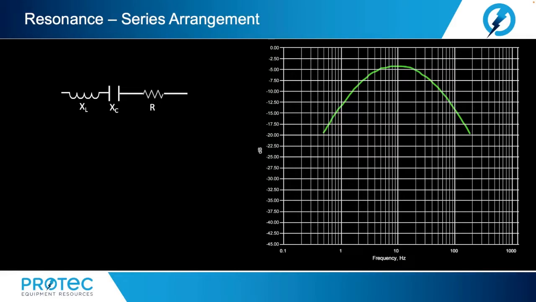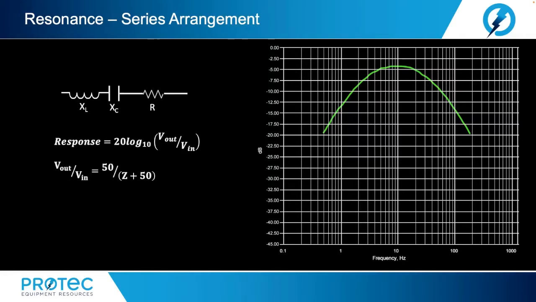Now, if we were to measure this circuit using an SFRA test set, we would plot the resonance in dB rather than in ohms. Using the equation, the response in dB equals 20 log 10 times the output voltage divided by the input voltage, and voltage out divided by voltage in equals 50 divided by the impedance plus 50.